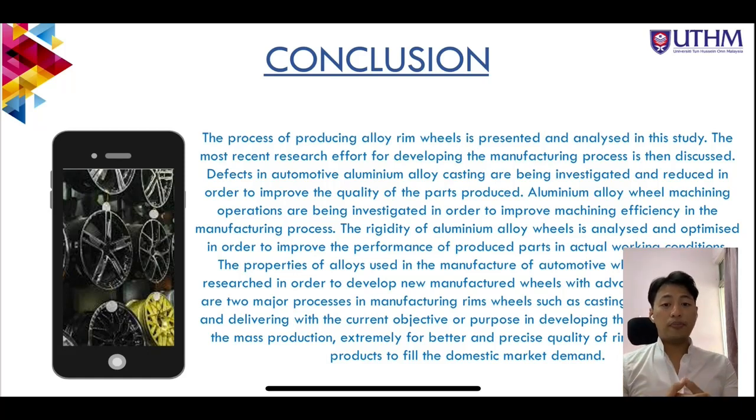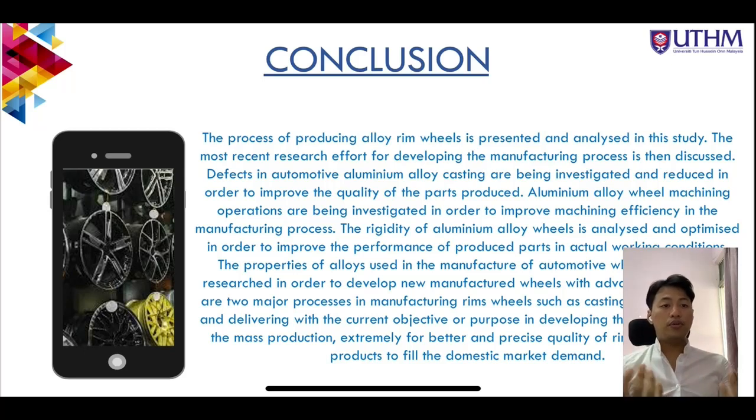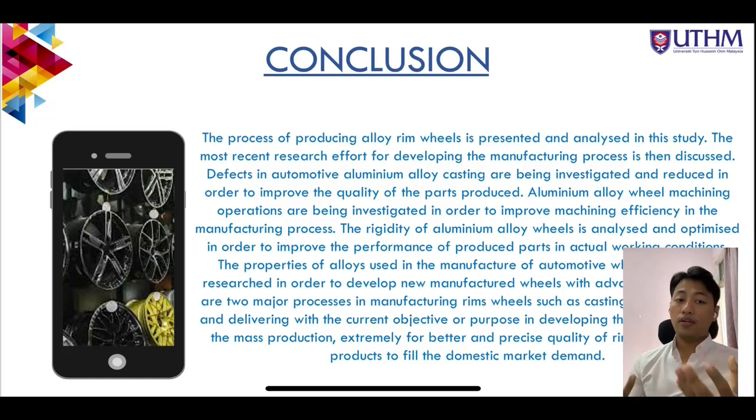The rigidity of the aluminum alloy wheels is analyzed and optimized in order to improve the performance of the product in actual working conditions. The properties of alloys already used in the manufacture of automotive wheels are being researched in order to develop a new wheel with advanced alloy.